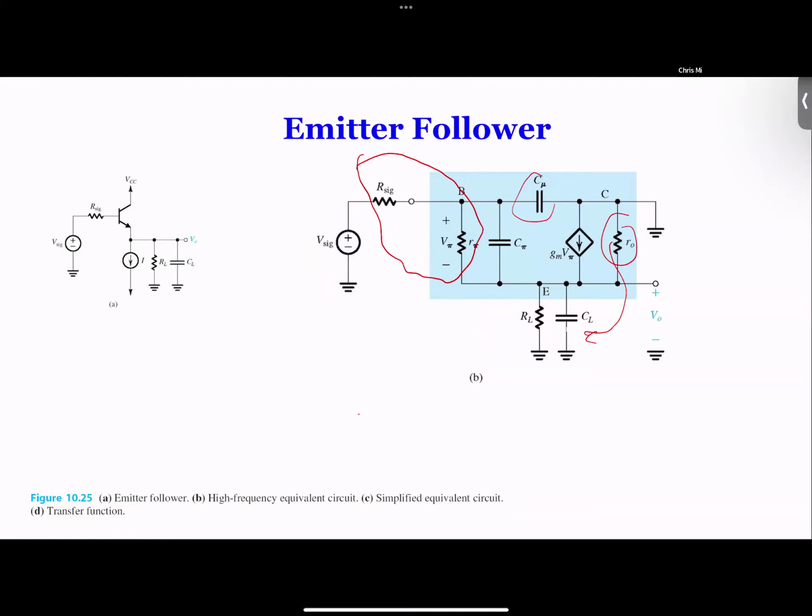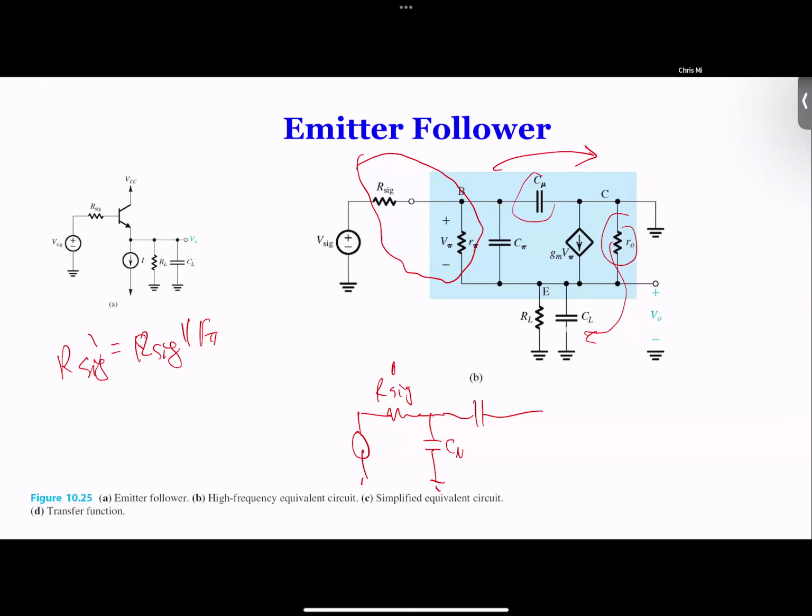So basically, if I do that, you'll find this circuit becomes RSIG prime, where you know that RSIG prime is equal to RSIG in parallel with R pi, right? And then we have this C mu to ground. C mu is connected to ground, okay?